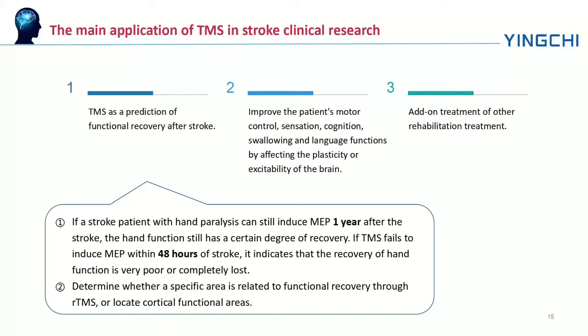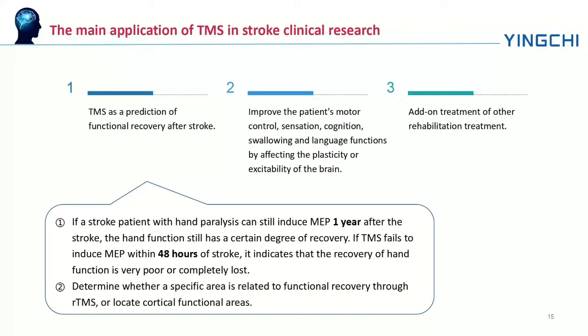Here is an example: if a stroke patient with hand motor disabilities can still induce MEP, the motor evoked potential, a year after the stroke, then the hand function still has a certain degree of recovery. If TMS fails to induce MEP within 48 hours of stroke, it indicates that the recovery of hand function is very poor or completely lost.